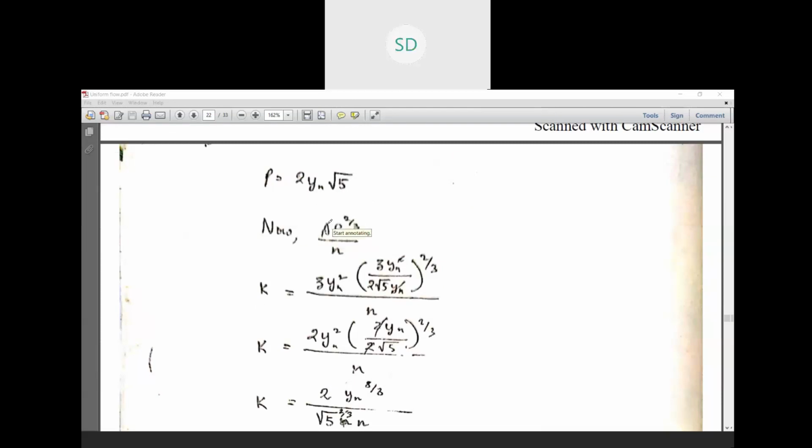Now you substitute all the terms. The area expression we have already derived, zy square, or you can directly write 2y square. R is nothing but area by wetted perimeter. Area we derived, that is zy square.